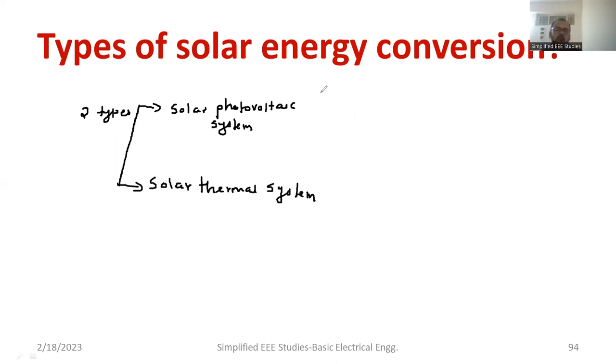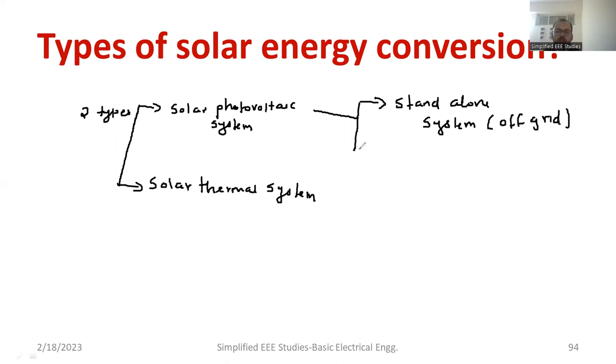So look at the solar photovoltaic system. Solar photovoltaic system is again divided into two. One is called standalone system. It is also known as off-grid system. Another one is called grid-connected system.